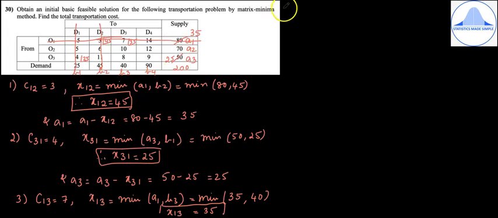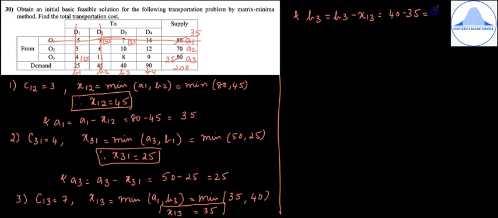When you delete O1, you have to make a change in the corresponding requirement, so B3 is equal to B3 minus X13, that is 40 minus 35, which is equal to 5. So score out 40 and then write 5.